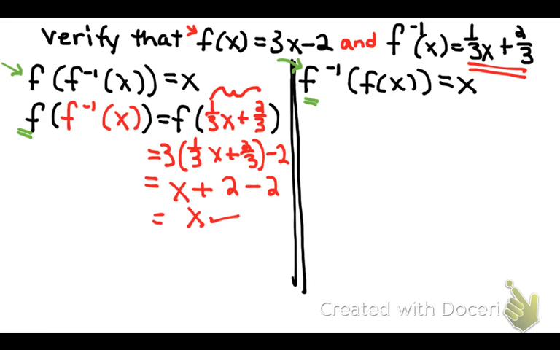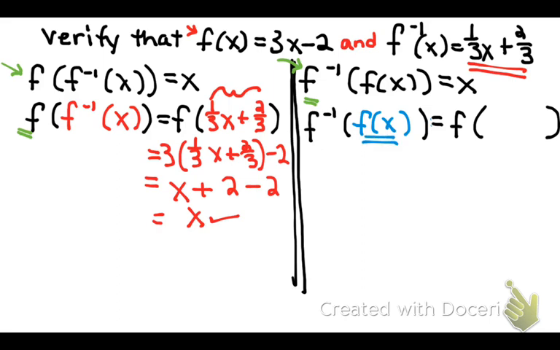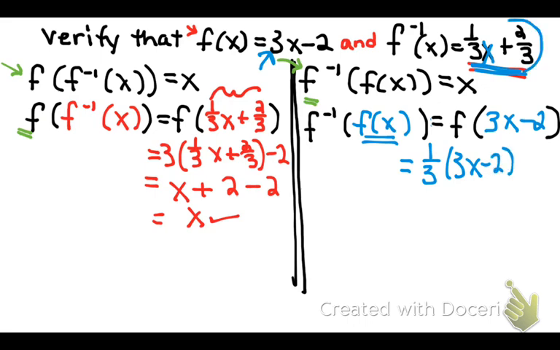So now let's tackle the right hand side. Because we're working with the inverse, the f of x goes inside the parentheses, so that would be our 3x minus 2. And now we have to include our inverse values. So 1/3, and then instead of writing this x, we're writing 3x minus 2, and then we have to still include our plus 2/3.